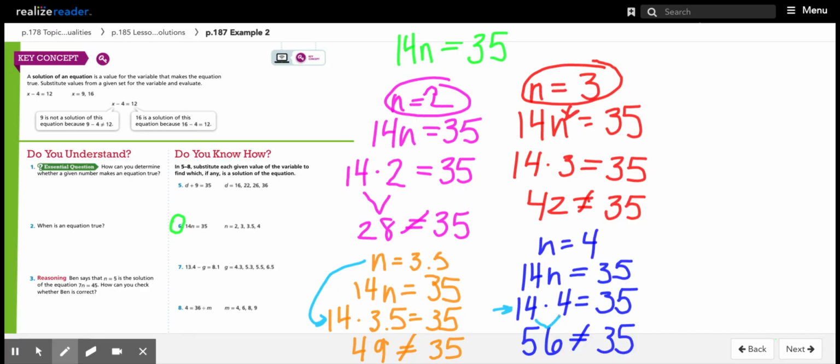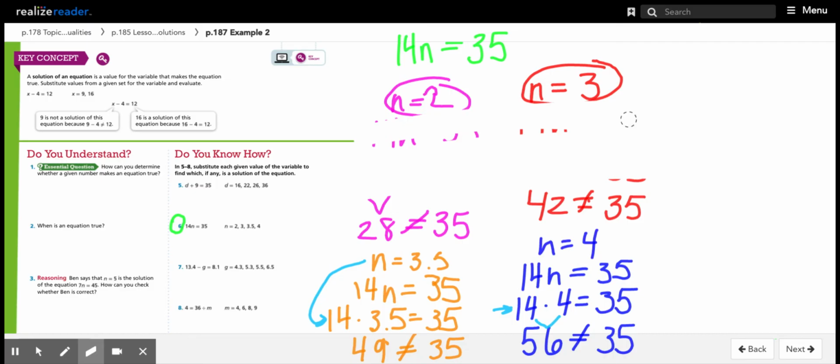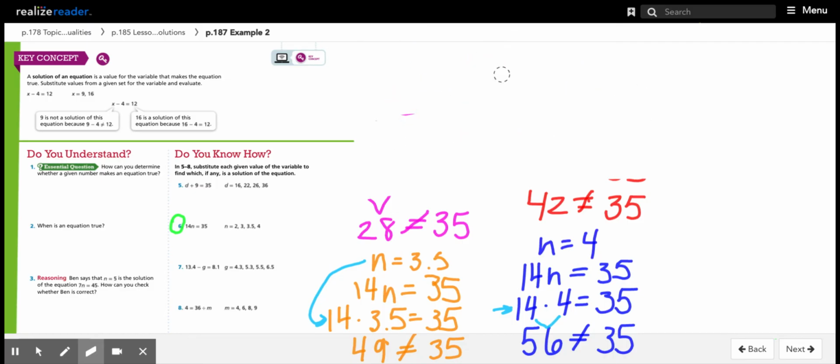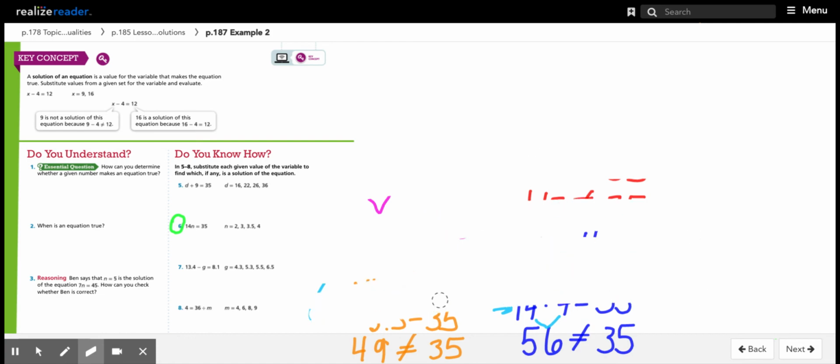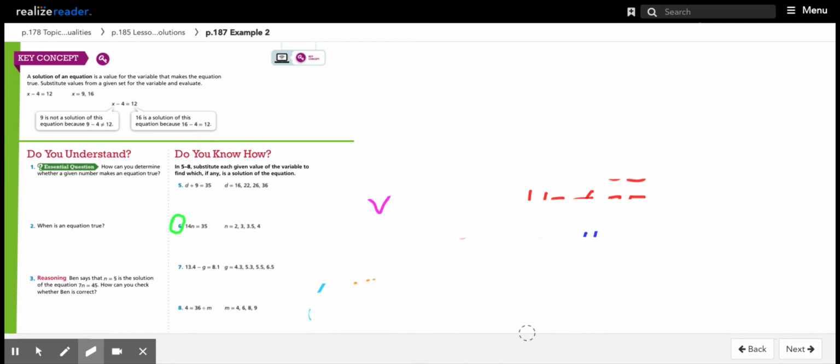Let's try one last problem. We are going to do number 8, so you can start copying that question into your notebook. I want to know which of those values for m is a solution to the equation.